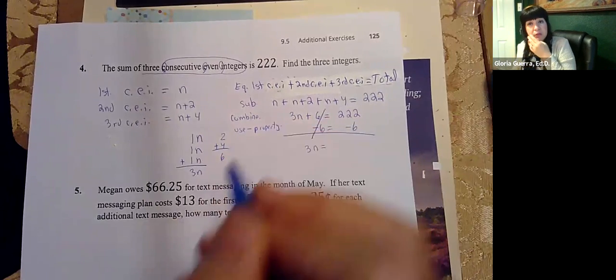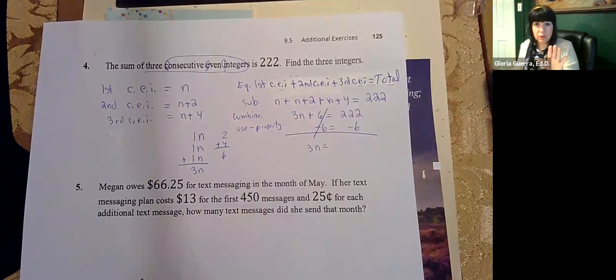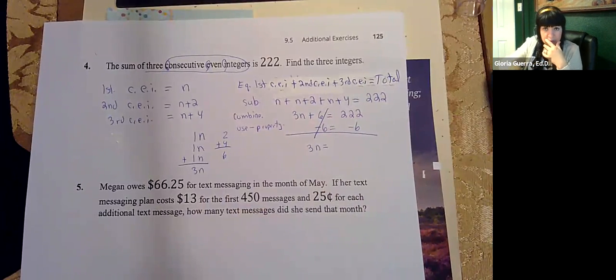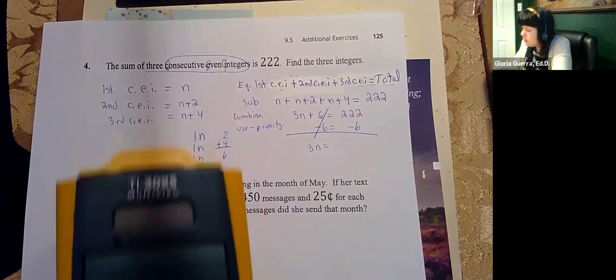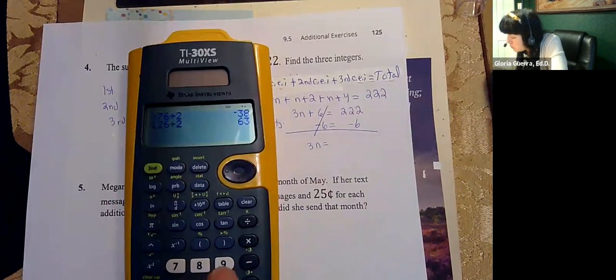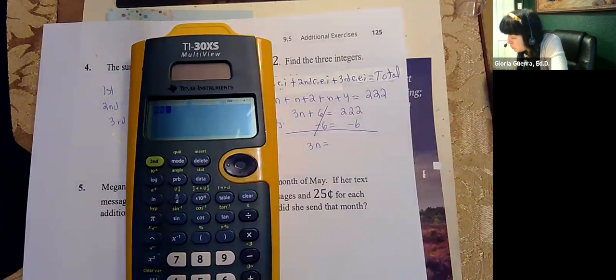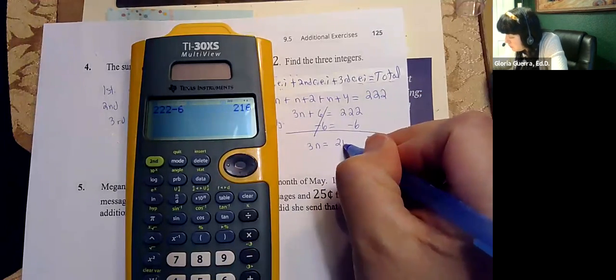And again, this is where, since you're looking at a video, you can pause the video and then you solve it. And then when you're done, you turn it back on and see if we got the same thing. Okay, I'm going to keep going. So 222 take away 6 is 216.